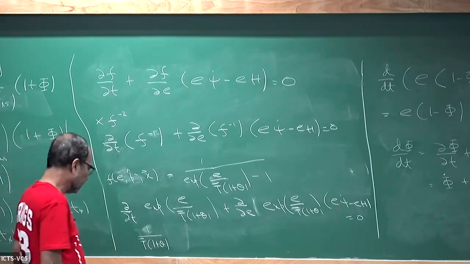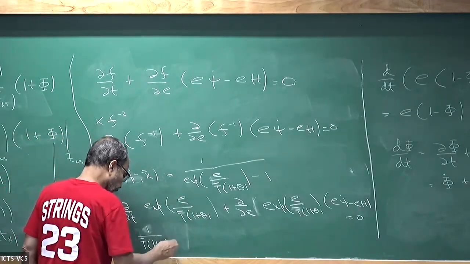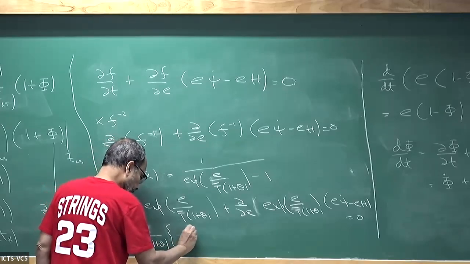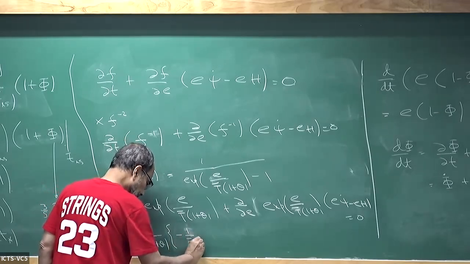So this gives you minus T bar, 1 over T bar square.